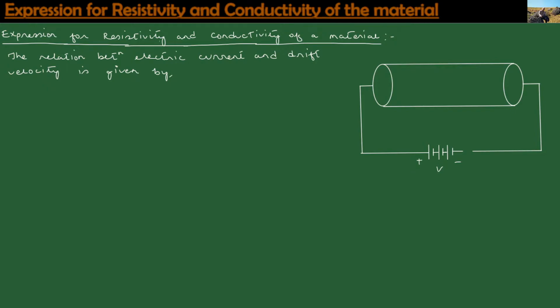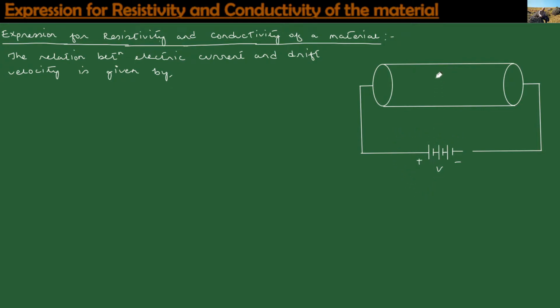In this teaching module, we will emphasize deriving the expression for the resistivity and conductivity of a material. We have also learned that when a potential is applied across a conductor, the charged particles will be in a state of motion, moving in one single direction.